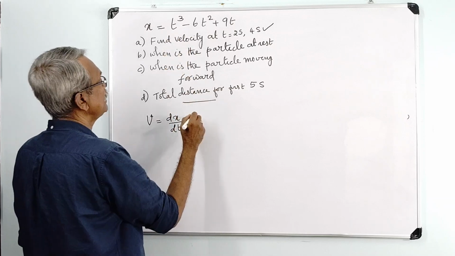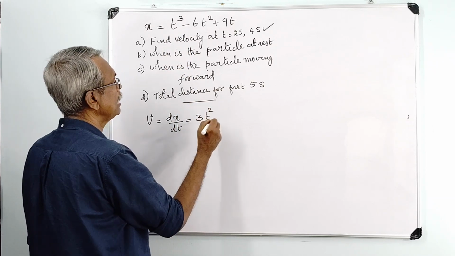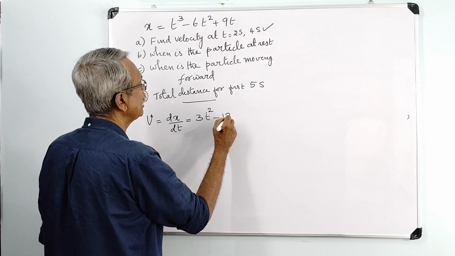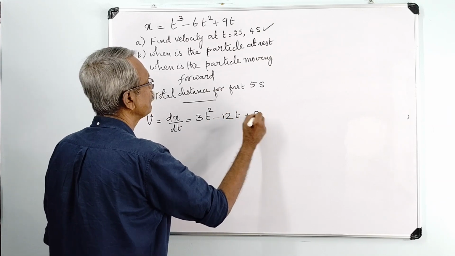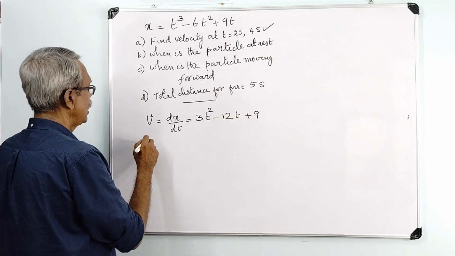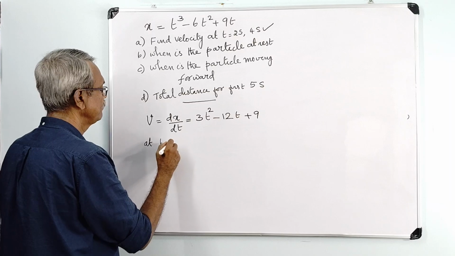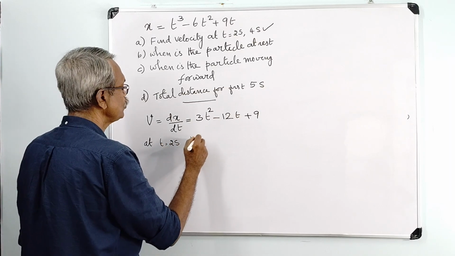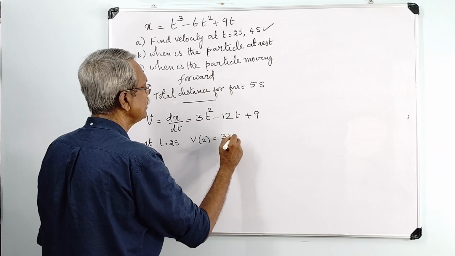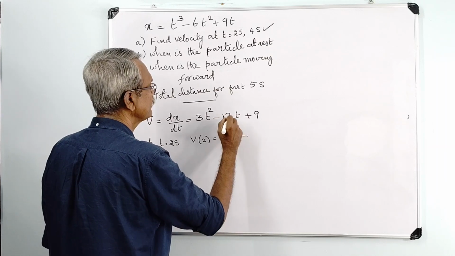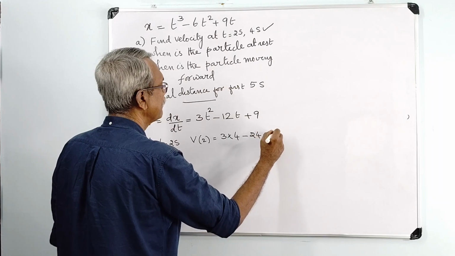And dx by dt is 3t². By now you are familiar with taking the derivative, therefore I am taking it in the first step, plus 9. At t = 2 seconds, v2 will be equal to 3 multiplied by t² that is 4, minus 12 multiplied by 2, that is 24, plus 9.